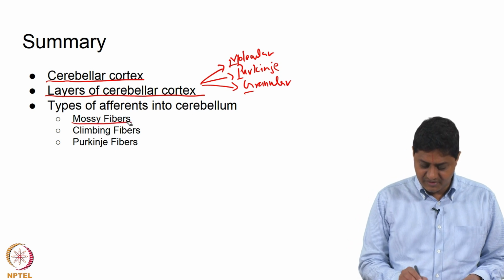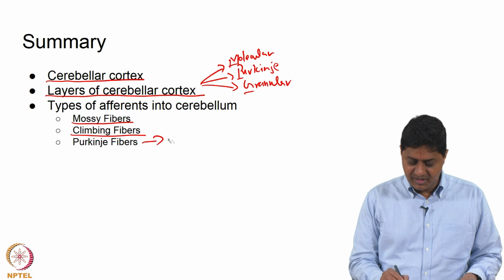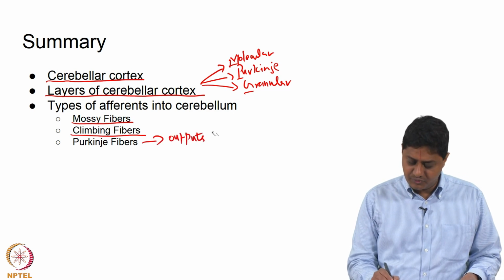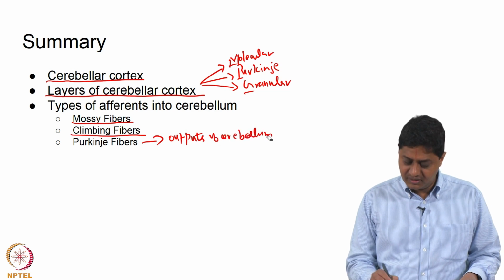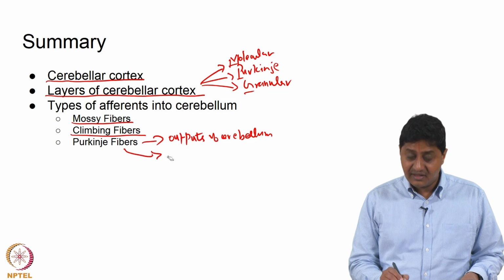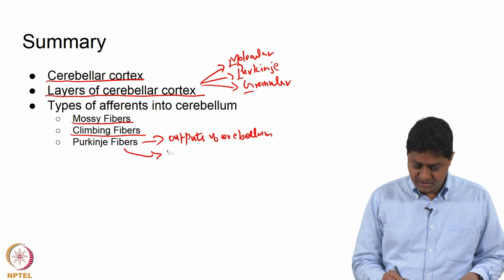These are mossy fibers and climbing fibers, and the Purkinje cells are the major outputs, or at least modulate the outputs of the cerebellum. The axons of the Purkinje cells project onto the deep cerebellar nuclei.